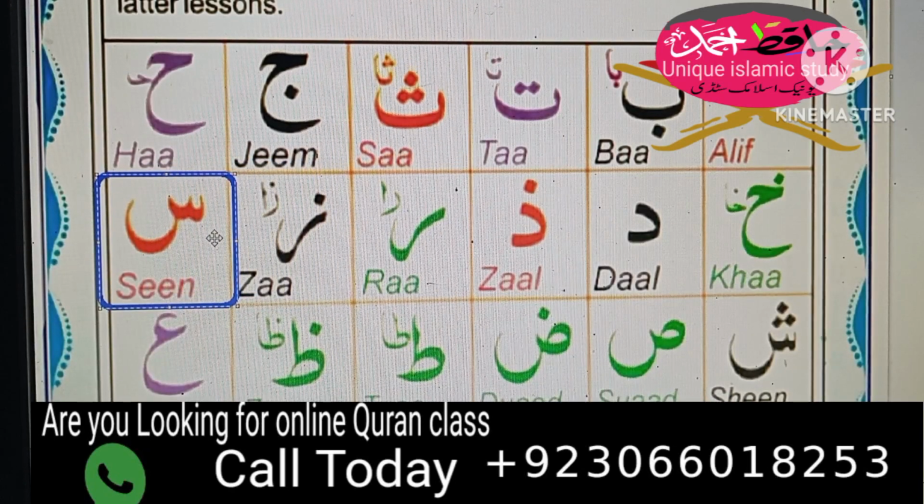Sin, sin. Read it with whistle sound. Our lesson is completed. So please practice this lesson 5 times a day. In the 3 days, you will practice this lesson 5 times.